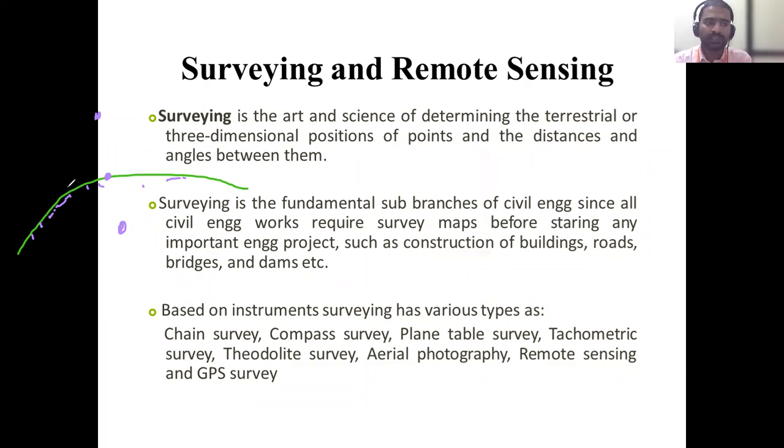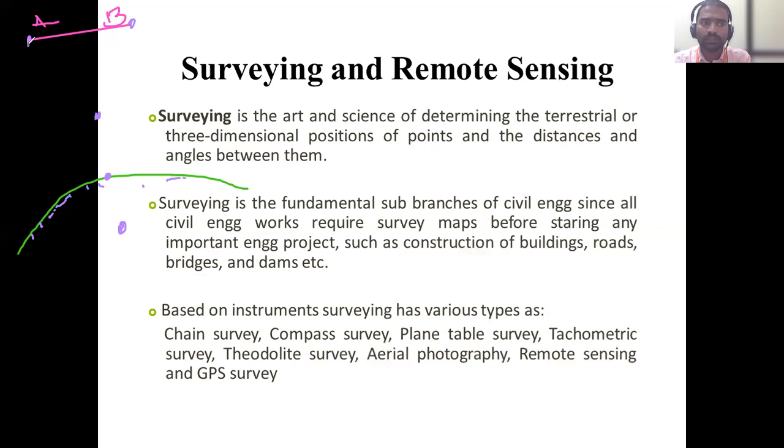Consider there is one point and another point. I want to find the distance between these two, the linear distance between point A and point B.